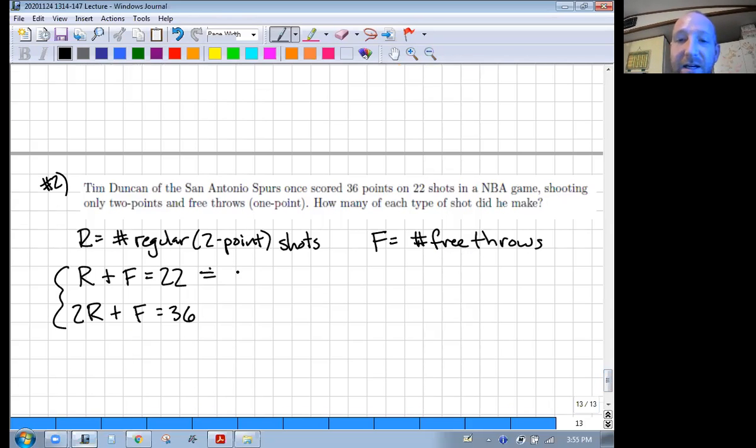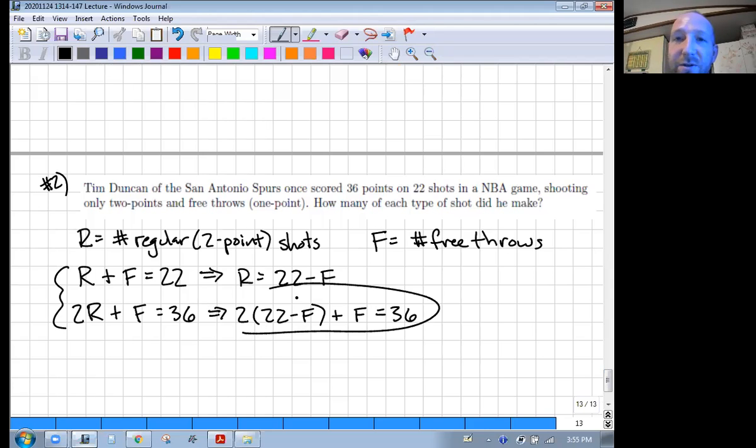If we take this top one and rewrite R in terms of F, now we'll just plug it in down here. So we got 2 times 22 minus F, plus F, is 36. Now we have one equation with one variable. We could solve it. We get 44 minus 2F plus F is 36.